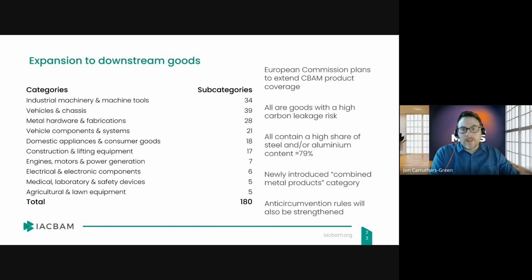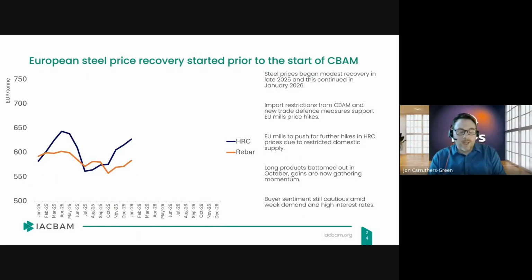So just going back to the points about how this is going to affect prices in Europe, our forecast team put together our expectations for prices every month, and that's something that's available to our customers. And what I'd just like to share now is that towards the back end of 2025, we started to see an increase in prices, particularly in hot rolled coil.